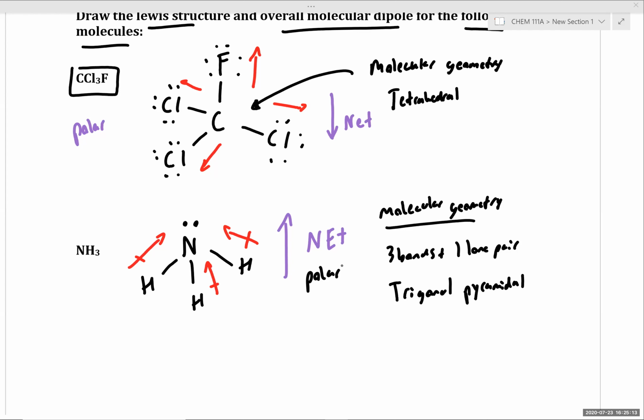Depending on the exact electronegativity table that you look at, your electronegativity values will be a little bit different. The only non-polar bond between different elements that you'll see a lot is the carbon-hydrogen bond.